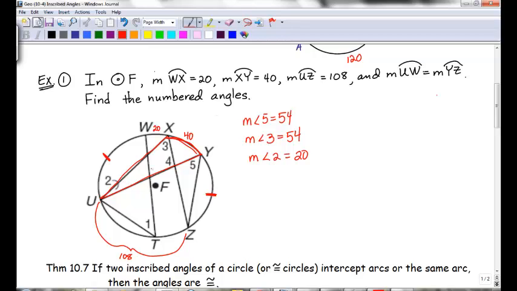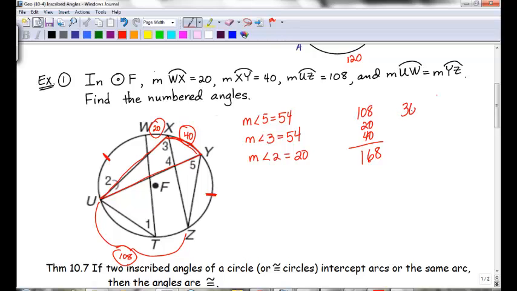Add 108 plus 20 plus 40, subtract from 360, and divide by 2, because these two arcs are the same. All the way around the circle is how much? 360. So 108 and 20 and 40 is 168. Check my arithmetic.